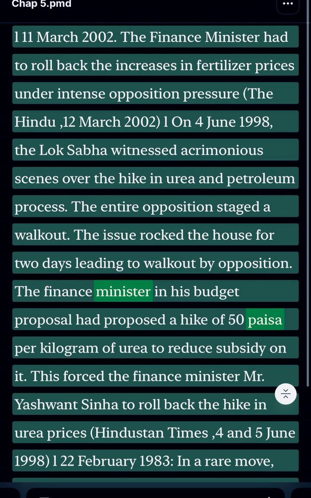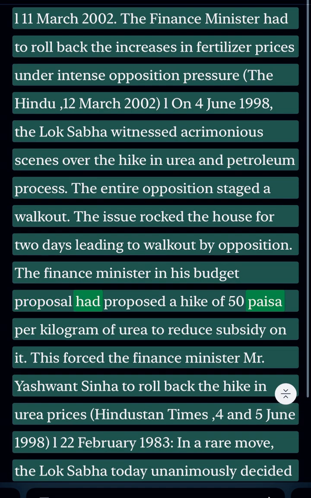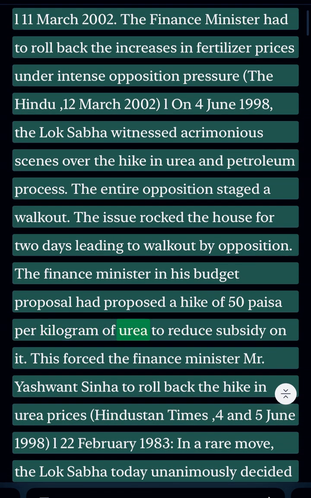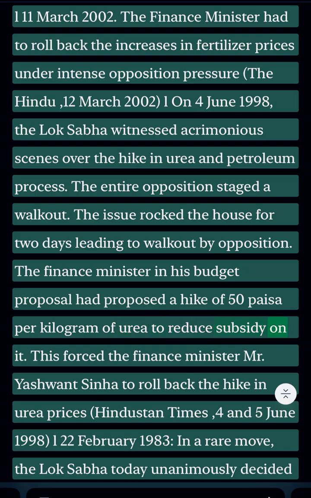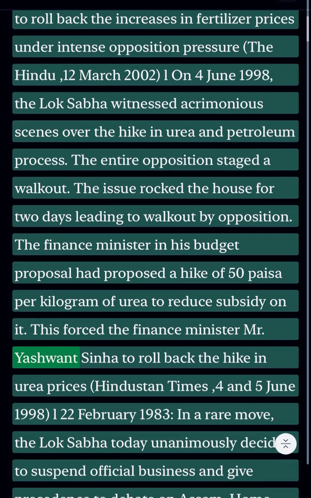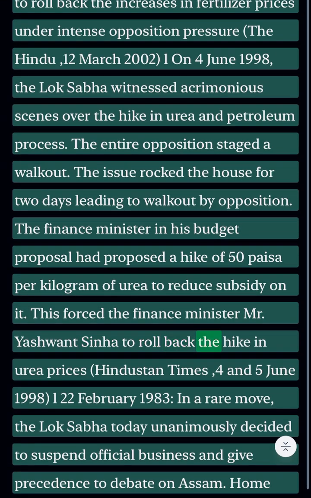The Finance Minister in his budget proposal had proposed a hike of 50 paisa per kilogram of urea to reduce subsidy on it. This forced the Finance Minister, Mr. Yashwant Sinha, to roll back the hike in urea prices. Hindustan Times, the 4th and 5th of June 1998.